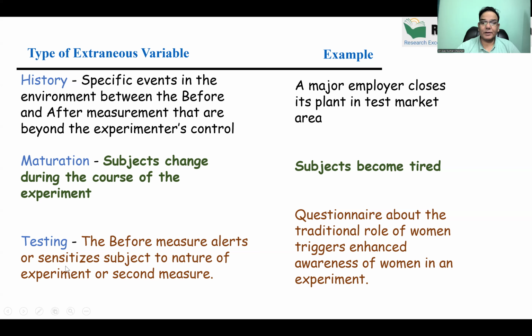Testing means sometimes whenever you are measuring some variables, the patient becomes very cautious. Like suppose whenever you take a photograph of some person, they show some extraordinary behavior. जब आप किसी की फोटो खींचते हो या वीडियो बनाते हो, तो उनका बिहेवियर चेंज हो जाता है.